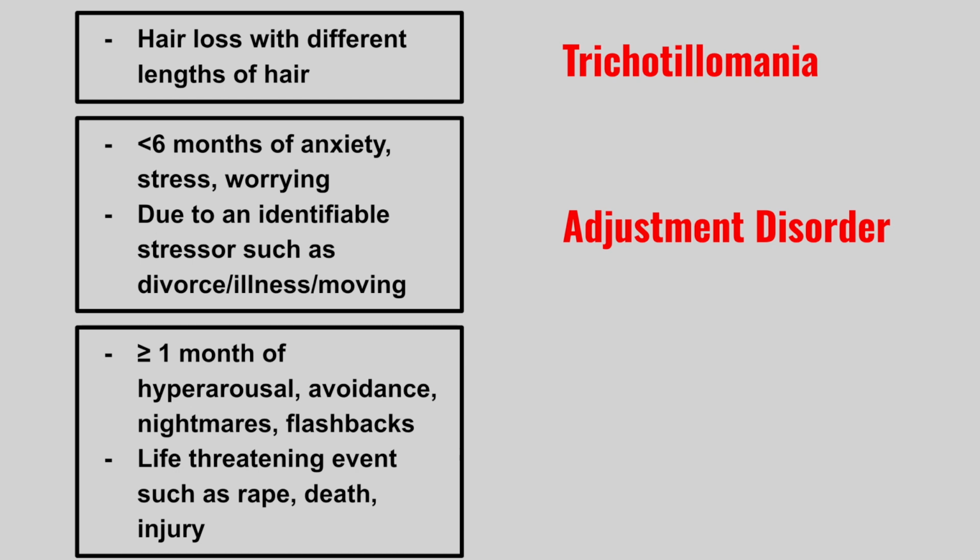Next, we have a patient with 1 month or more of hyperarousal, avoidance, nightmares, flashbacks, and a life-threatening event such as rape, a witnessed death, or injury. This is post-traumatic stress disorder.